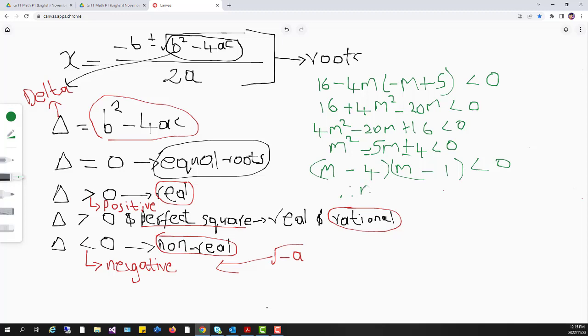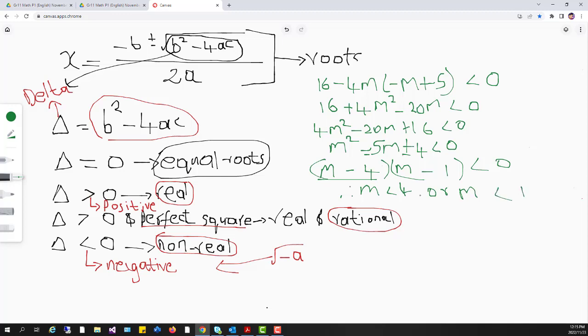Therefore, m is less than 4 from this one, or m is less than 1.